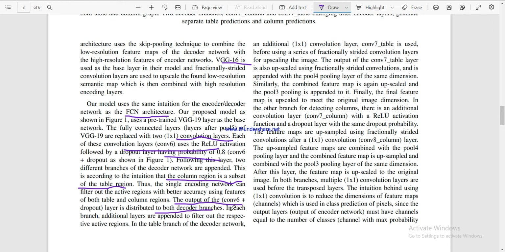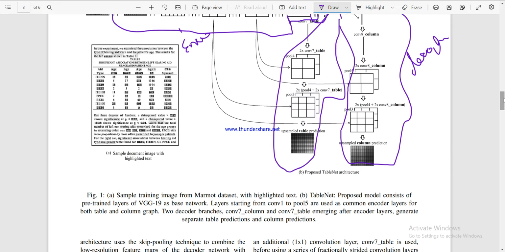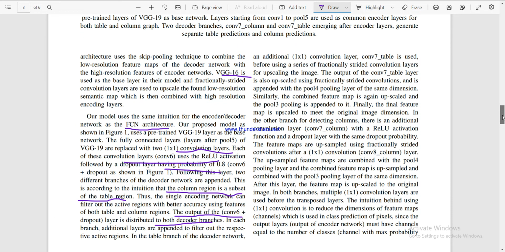In each branch, additional layers are appended to filter out the respective active region. Here you can see they are talking about these predictions. In the table branch of the decoder network, a 1-into-1 convolution layer, convolution 7 table, is used.